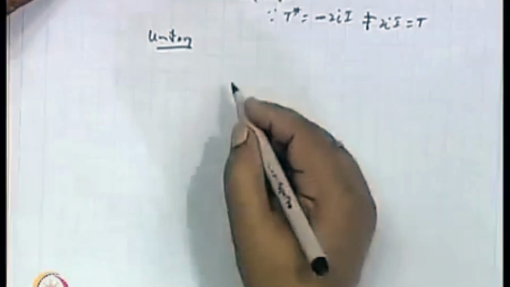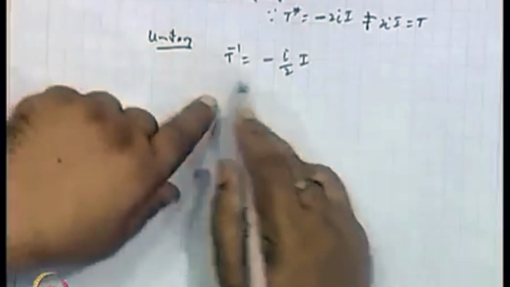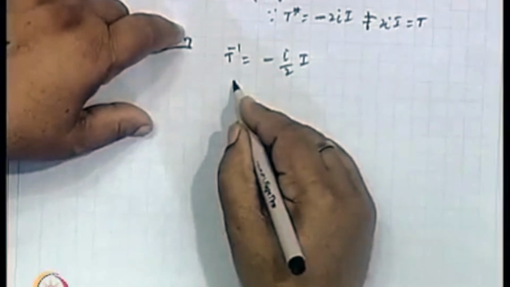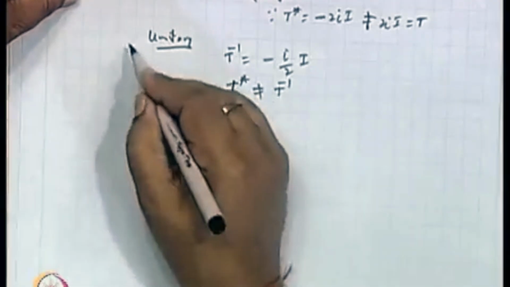Why? Because what is T inverse? T inverse will be minus I by 2i, because T times T inverse should be I. So T star is not equal to T inverse, so it is not unitary. Okay. Thank you.